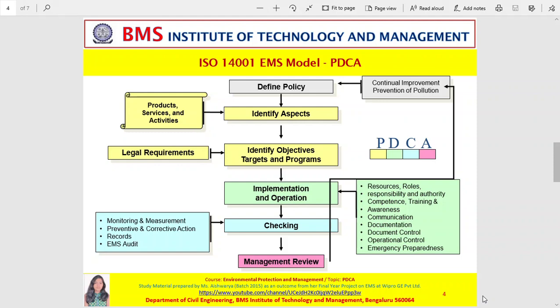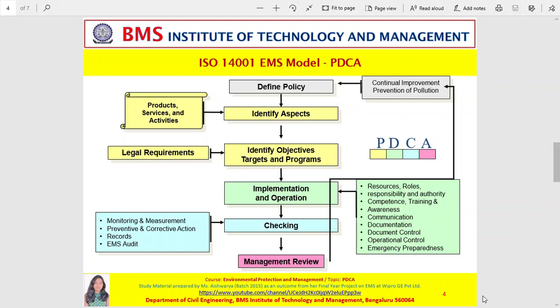For example, a thermal power plant needs to monitor the release of flue gases into the environment on an hourly basis, daily basis, weekly basis, and monthly basis.